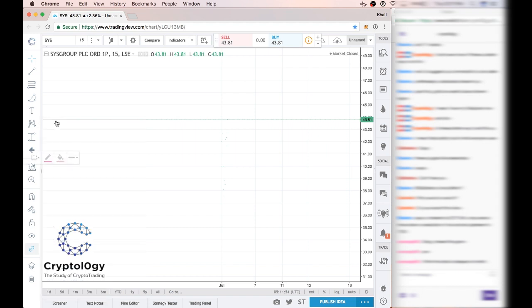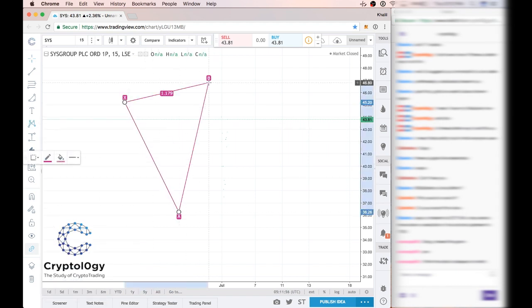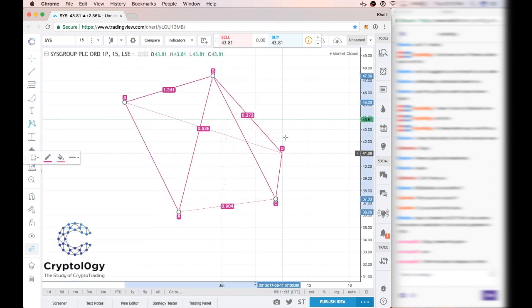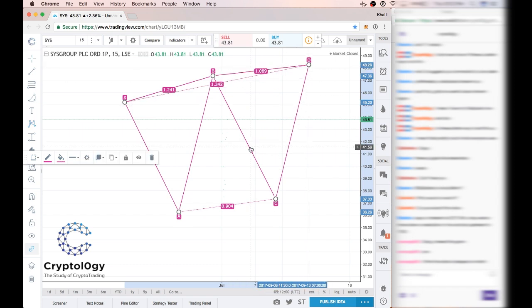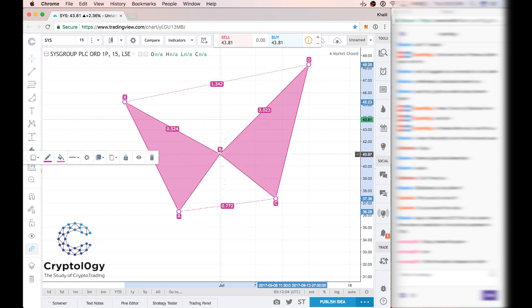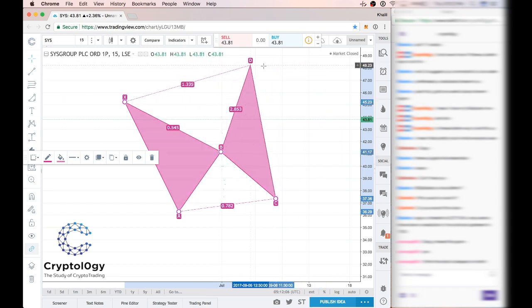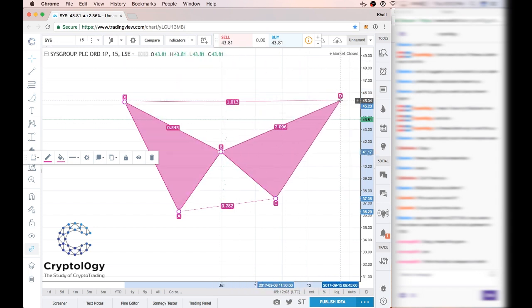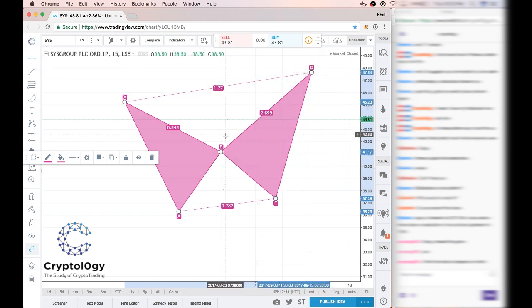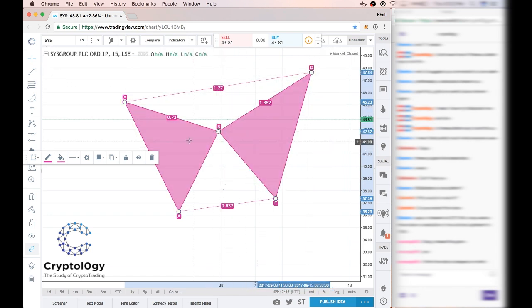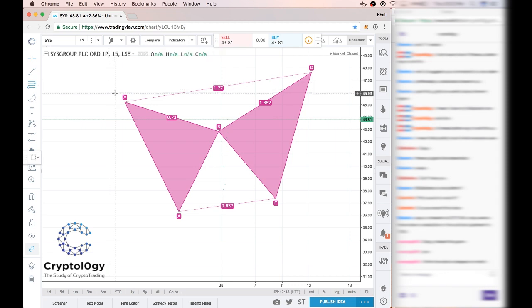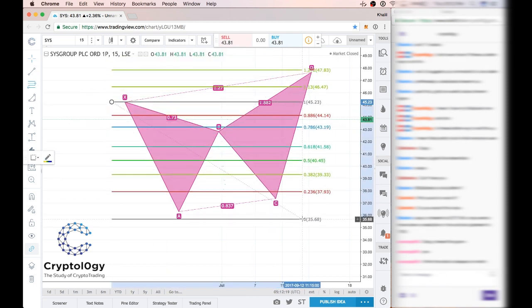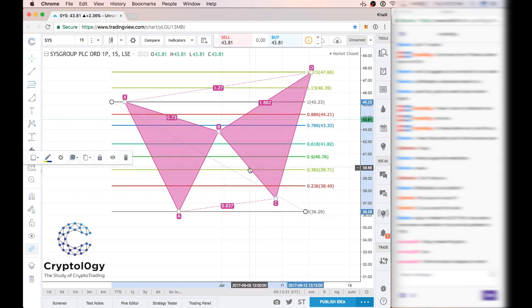Alright, here. This is where butterfly pattern, cipher patterns are. I removed the background, but this is what it would look like for you guys now. This is how you determine the butterfly and all these cipher harmonic patterns. But you gotta follow fibs with it as well, like from the first leg to this leg AB, for example.